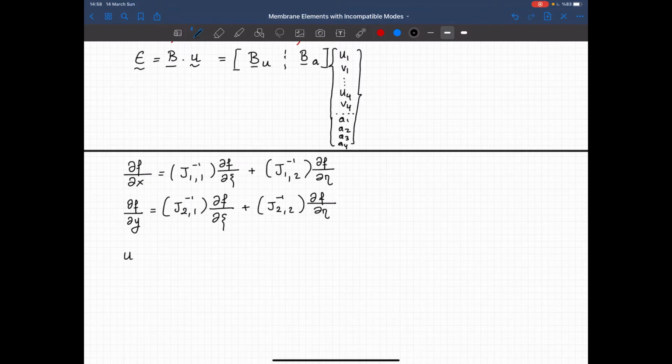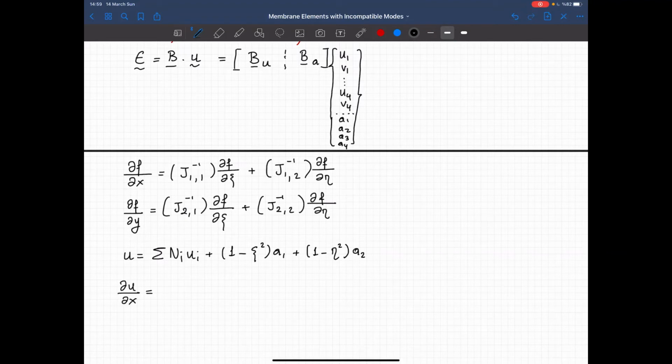And my u is equal to, let's write it one more time, the sum of Ni ui plus (1 minus psi squared) a1 plus (1 minus nu squared) a2, and I want to calculate del u over del x.